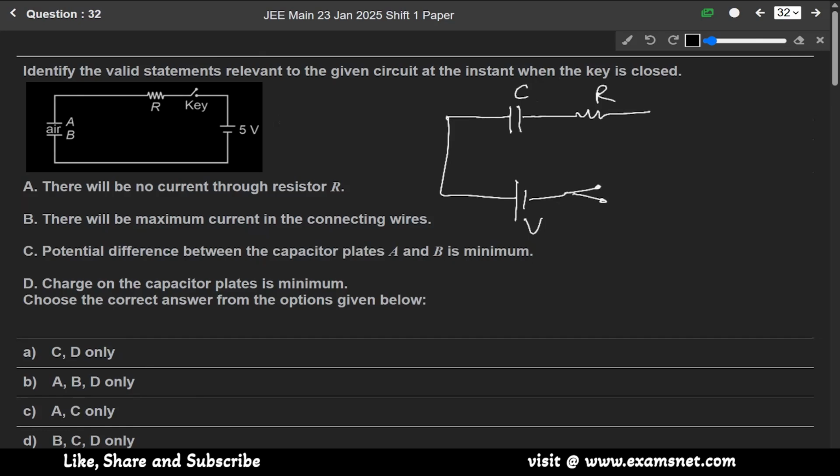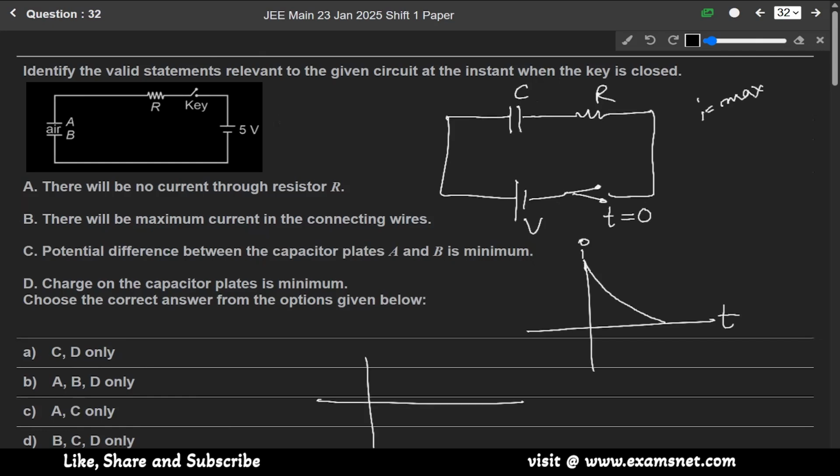According to the question, let us say at t equals 0 the key is closed. If we draw a graph between the current and the time, at t equals 0 the current is initially maximum and it keeps on decreasing.